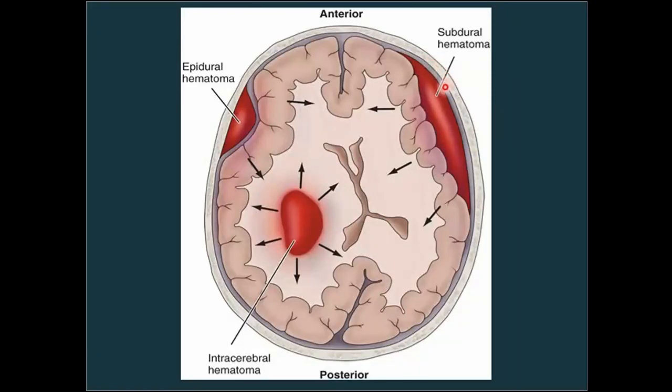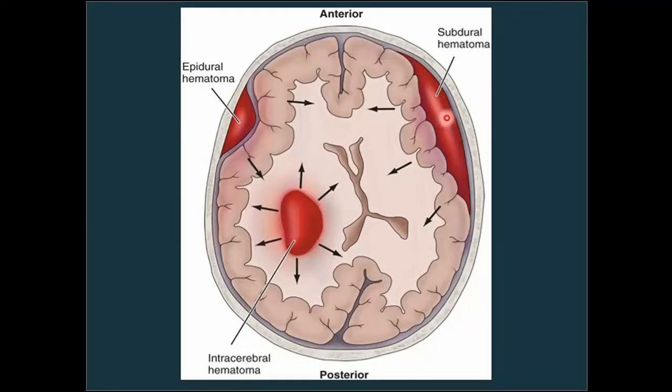Now the subdural, as you can see, here's our skull, and then the gray is the dura, and then here's our brain tissue. So the bleeding is actually under the dura, but still not in the brain yet. So yes, as it grows, it can still shift brain tissue over, and that can mess with our ventricles.